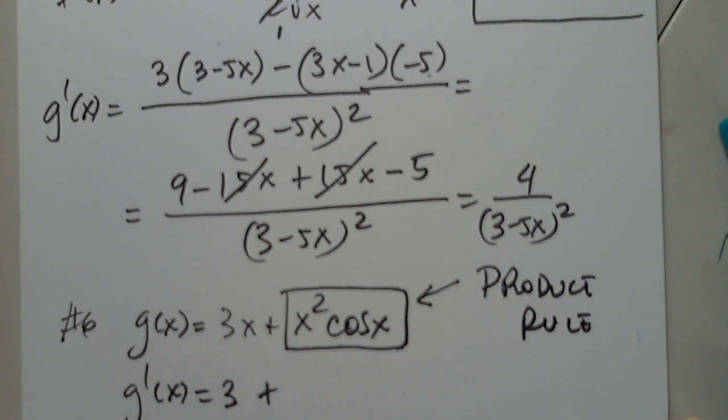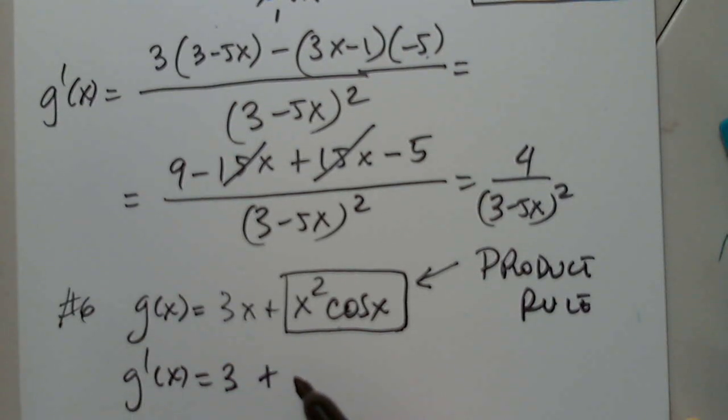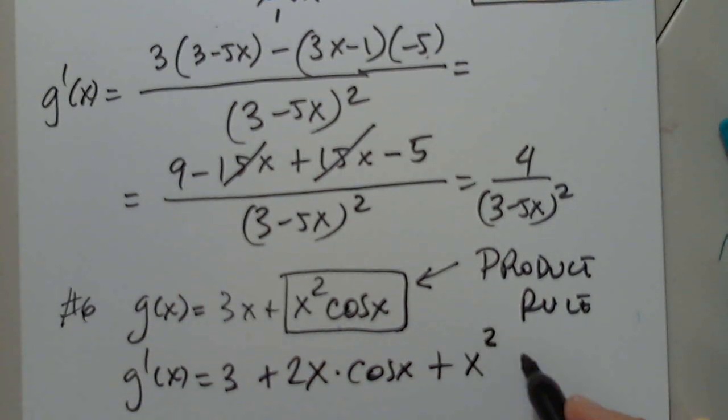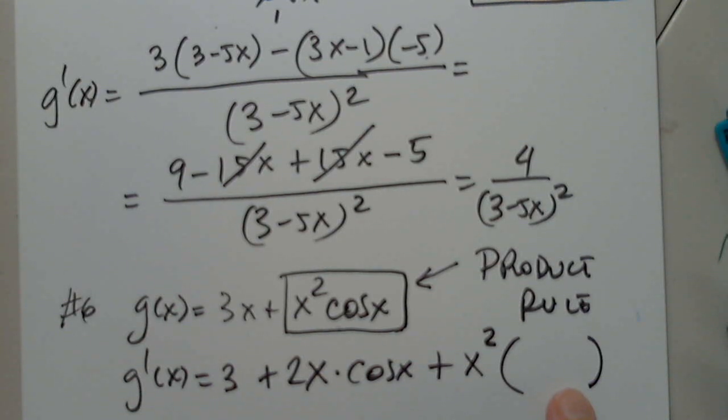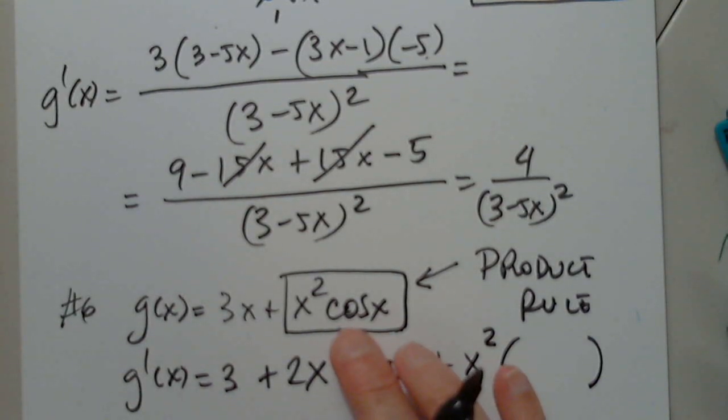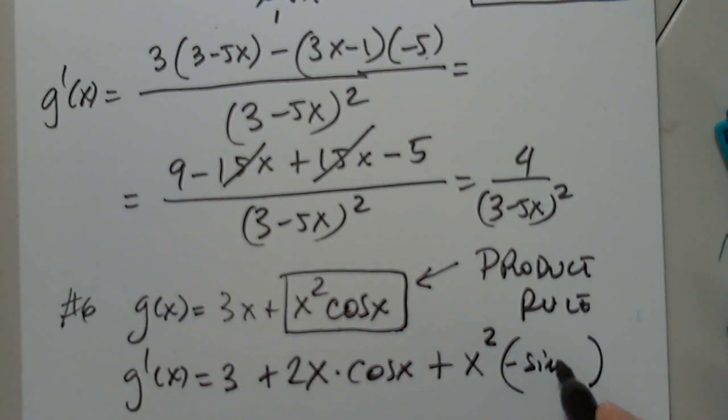So product rule requires us to differentiate the first function. What do we get? 2x times the second function plus the first function times the second function prime. I know this is new. Cosine prime is negative sine x.